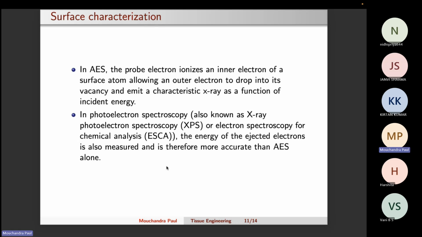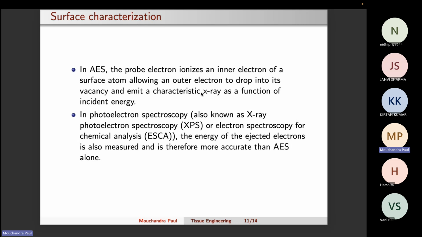Whereas photoelectron spectroscopy is given other names like XPS, then ESCA. Here they also measure more, and the characterization helps you get more accurate data than AES.